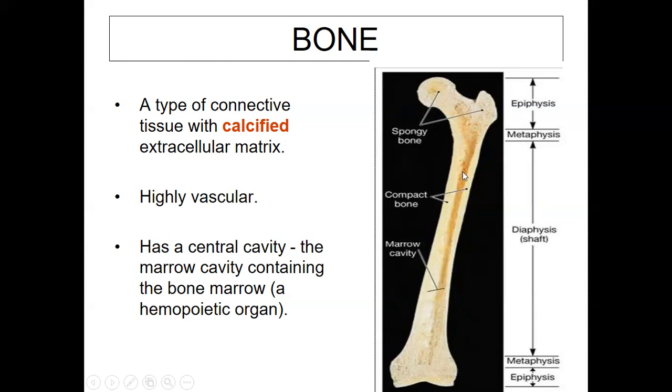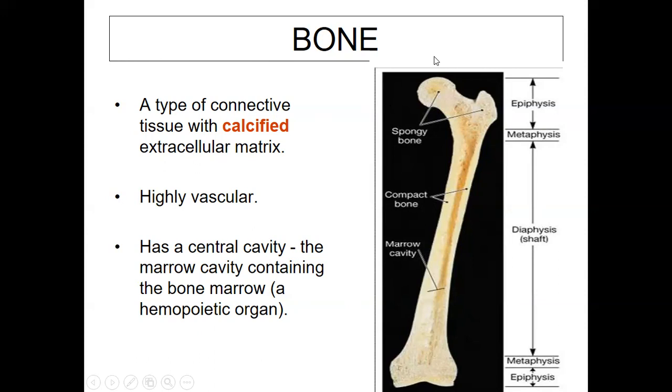If you see here in the middle, this is the central cavity. It is a marrow cavity containing the bone marrow, the hematopoietic organ. The bone marrow is an organ that produces the red blood cells. So that is the introduction to the bone. This is the long bone.